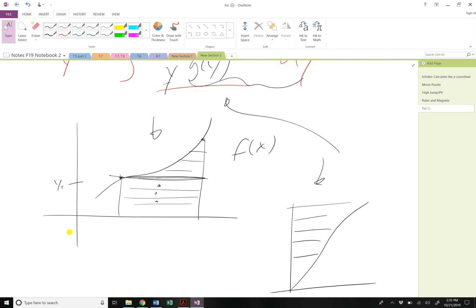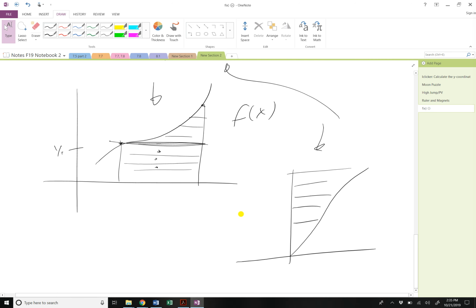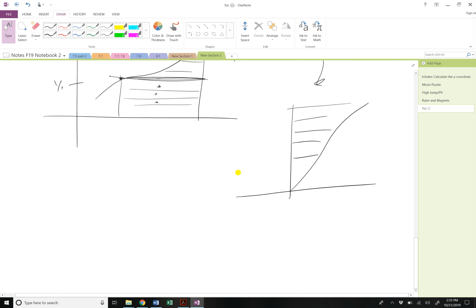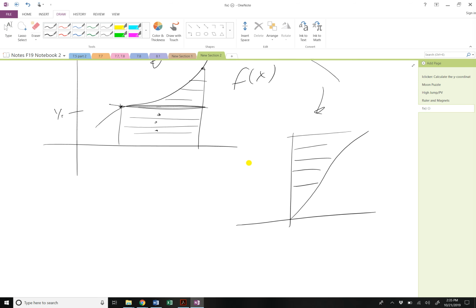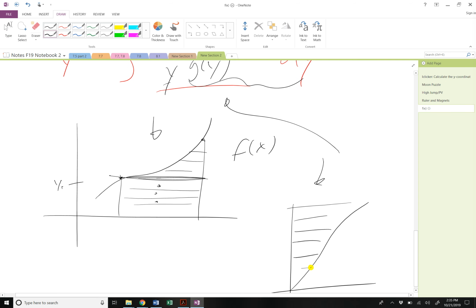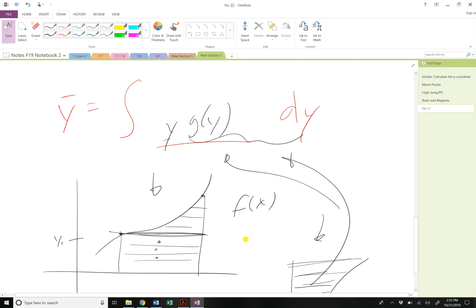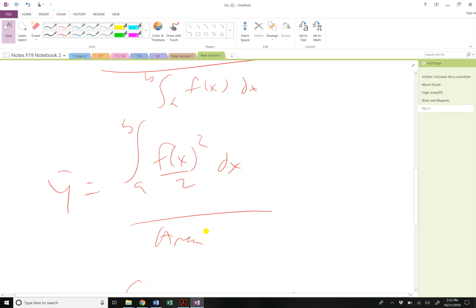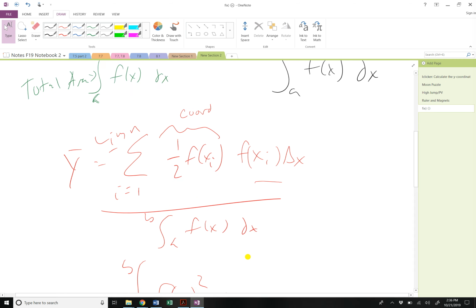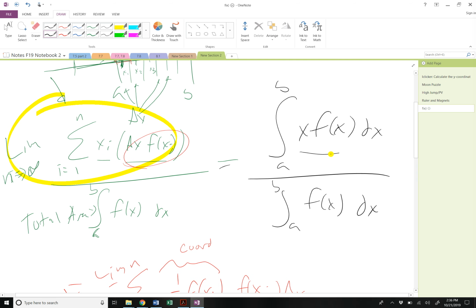I probably confused you more than answered your question there. I don't know if we give you any problems where you have to do that. But if you're thinking about the area from here over, which is what integrating g of y will do, then to calculate your y coordinate you're basically using your x coordinate formula up here.